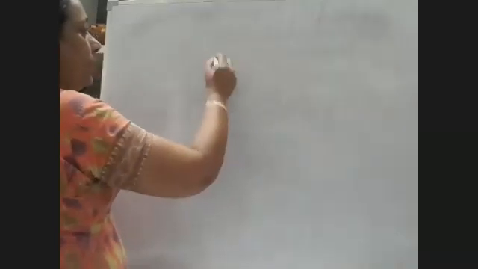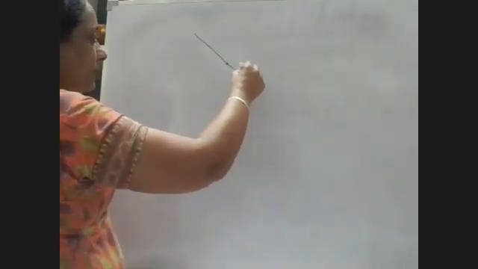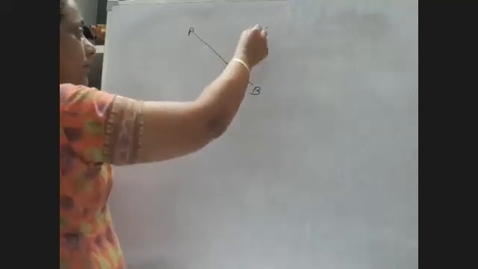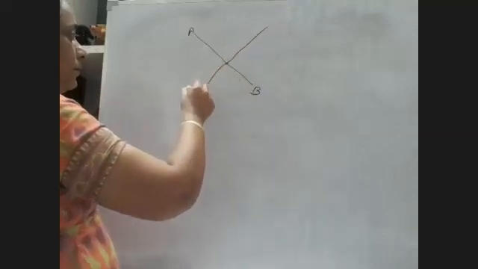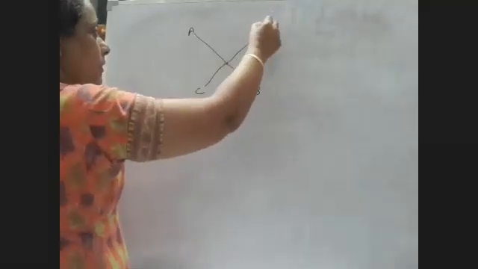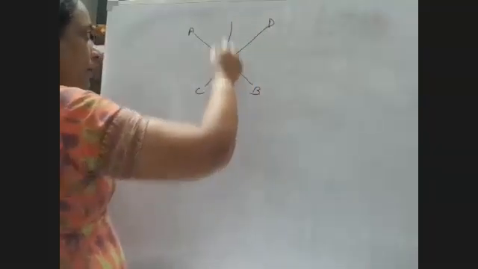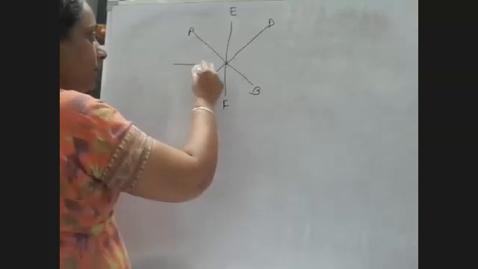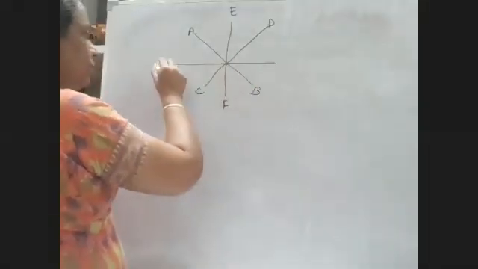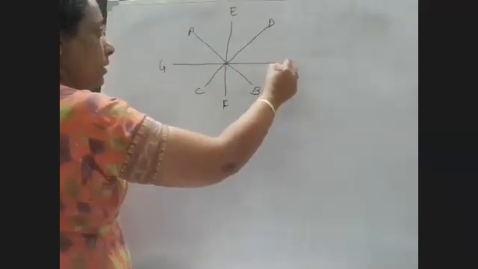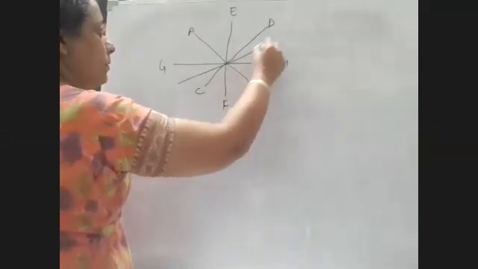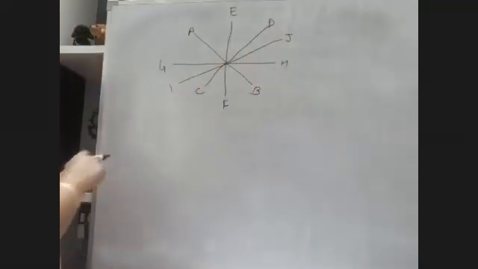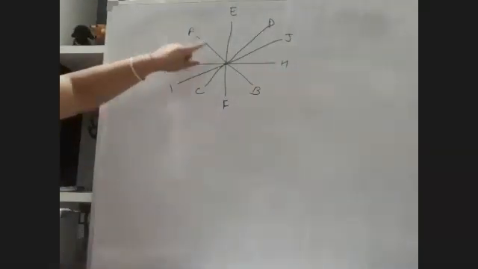this is a point, and this line is AB, next is CD, EF, GH, IJ. These are a few lines which you can see, students.